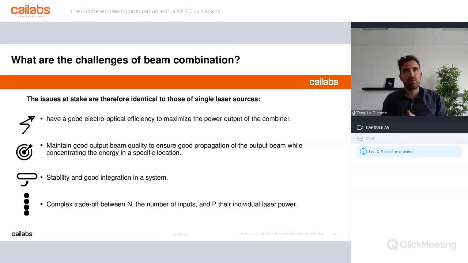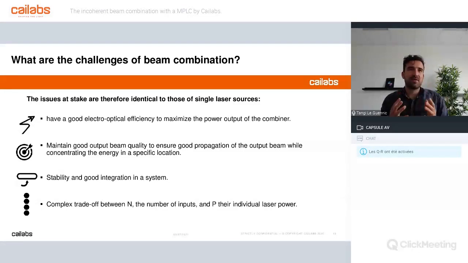Now, what are the main challenges of beam combination? The issues at stake are identical to those of single laser sources. Firstly, it's of course to have a good electro-optical efficiency to maximize the power output of the combiner, because it's the main challenge.